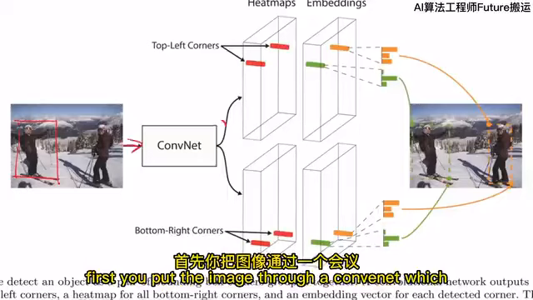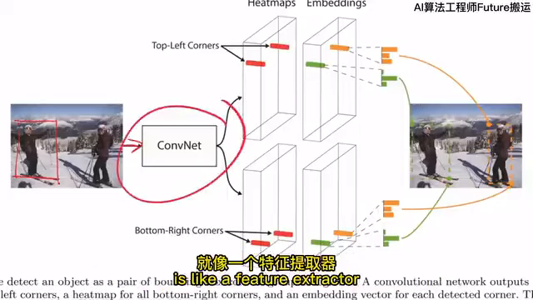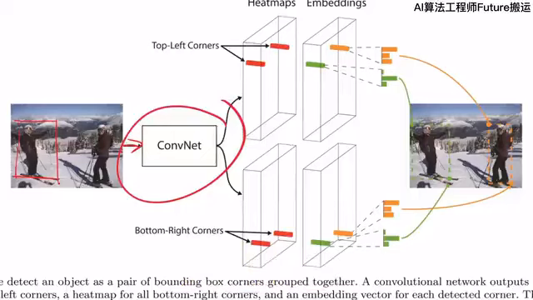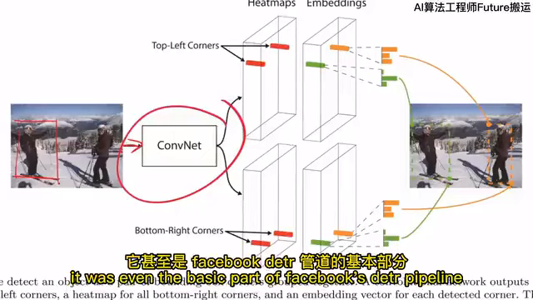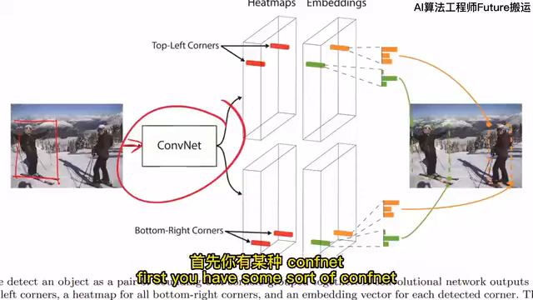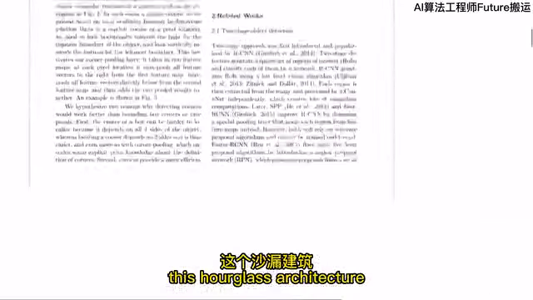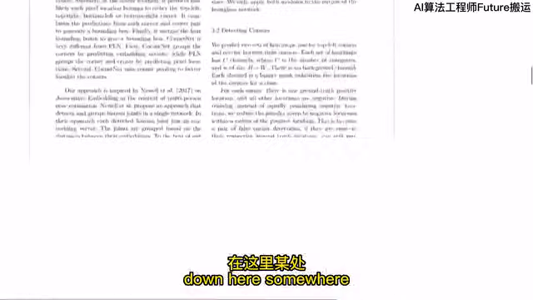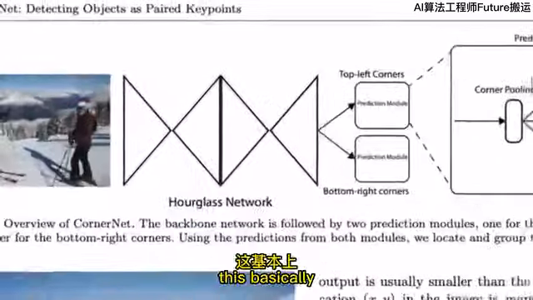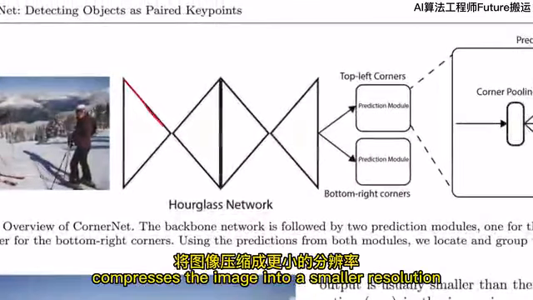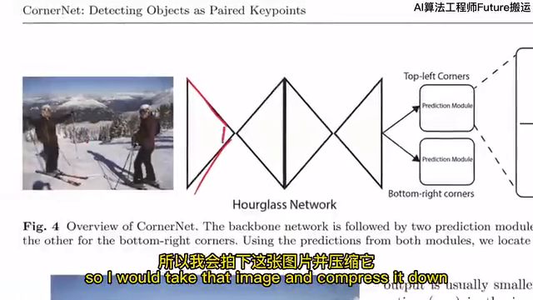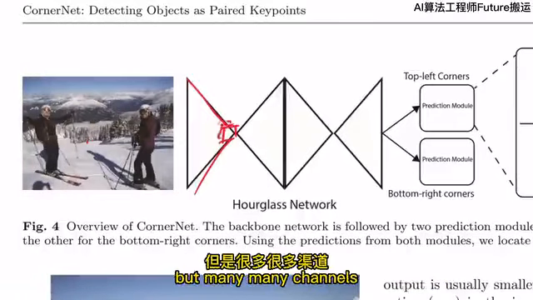First, you put the image through a ConvNet, which is like a feature extractor. This is the basic part; it was even the basic part of Facebook's DETR pipeline. In this case, they use this hourglass architecture that I described down here somewhere. It compresses the image into a smaller resolution, down to a very small resolution but with many channels.